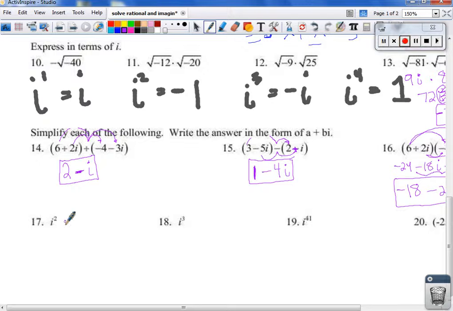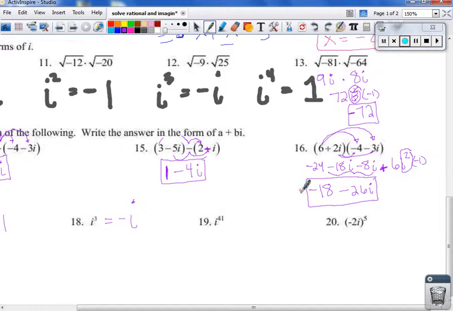So back to our problems and see if we can make sense of this. i squared, well, that's just negative 1. So that's pretty easy. i to the third is just negative i. That's pretty easy. i to the 41st, though, means how many times have we gone through this cycle and where are we now? So because there are only 4 choices, we divide the power by 4.